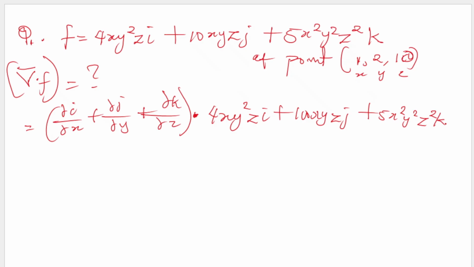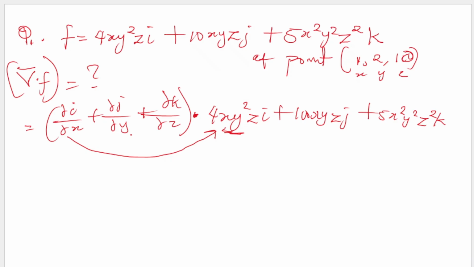Now what you simply do is multiply what we have here with what we have here. I told you that for you to interpret it, you are multiplying partial i of partial x with the 4xy²z i component, and we are differentiating our i component with respect to x.